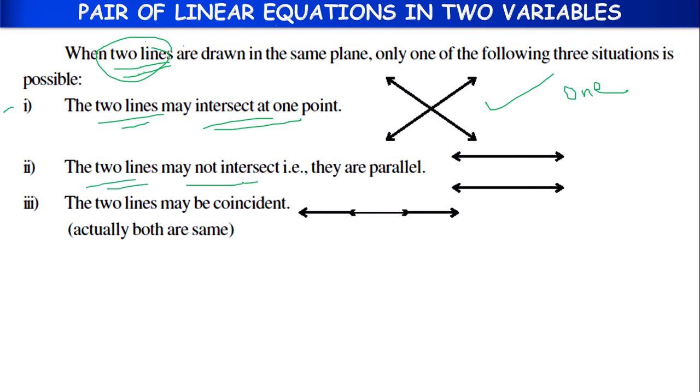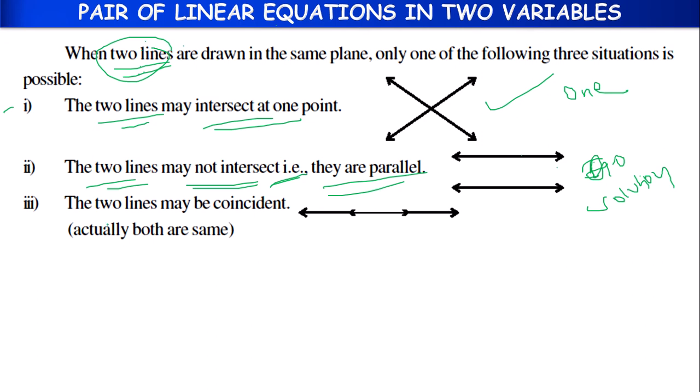Two lines may not intersect at any point, which means they are parallel, which means they don't have any solution. Because they are not intersecting with each other, they have no solution.